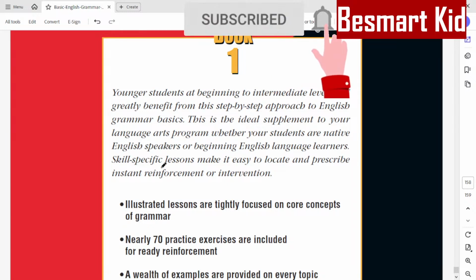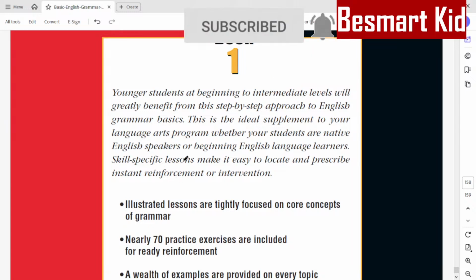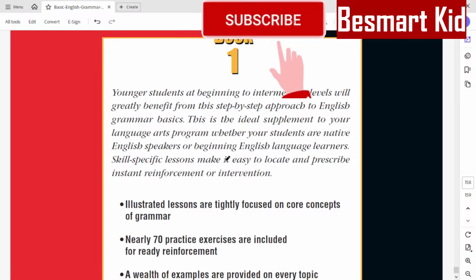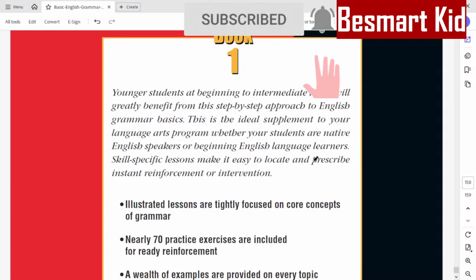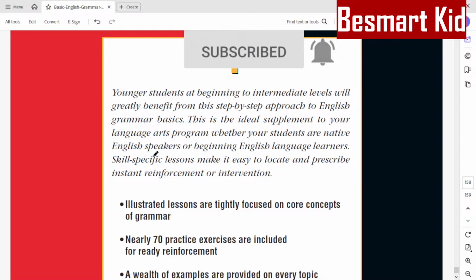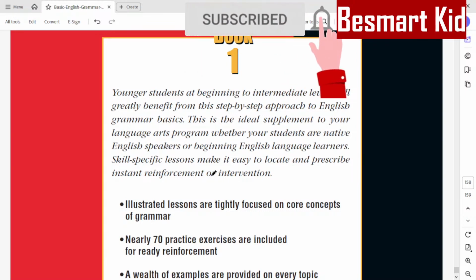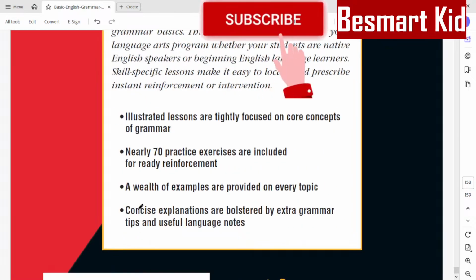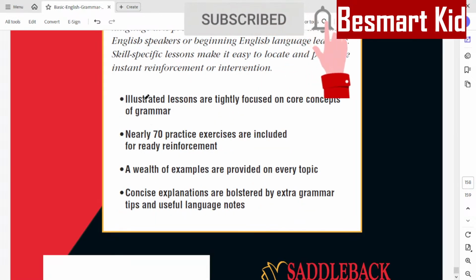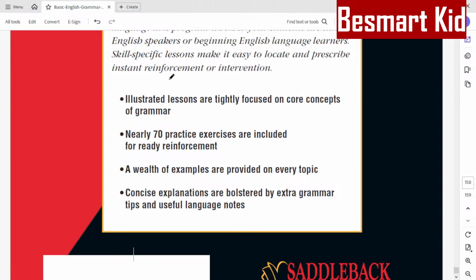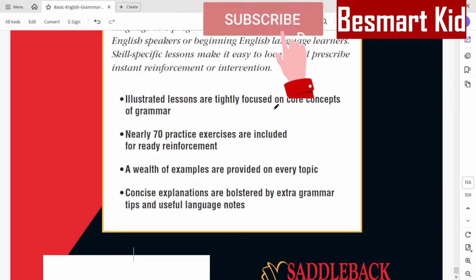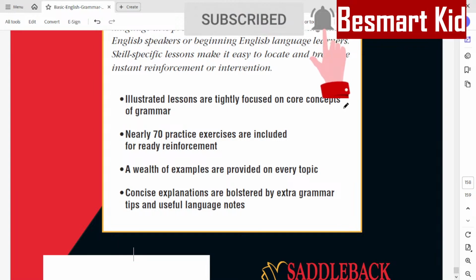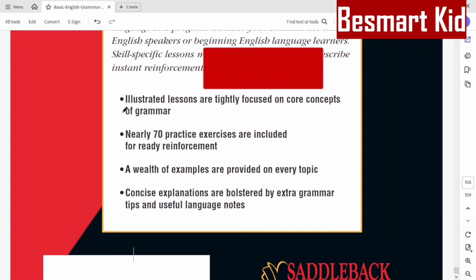Skills-specific lessons make it easy to locate and prescribe instruction, reinforcement, or intervention. Here we have illustrated lessons that are tightly focused on core concepts of grammar.